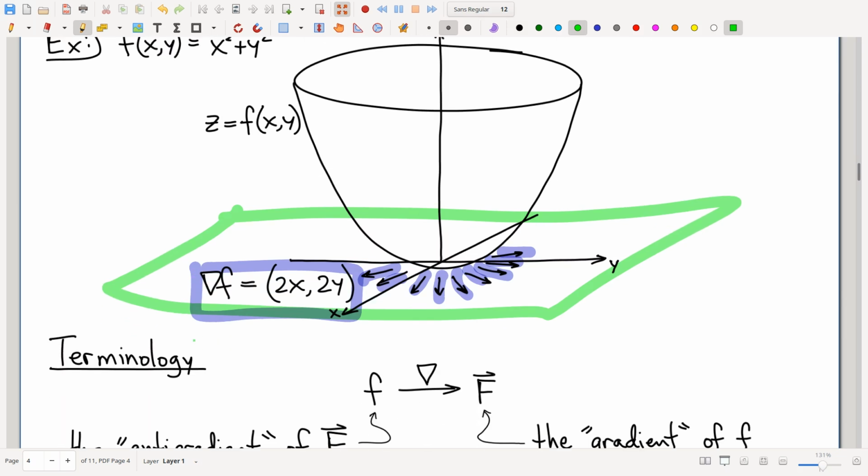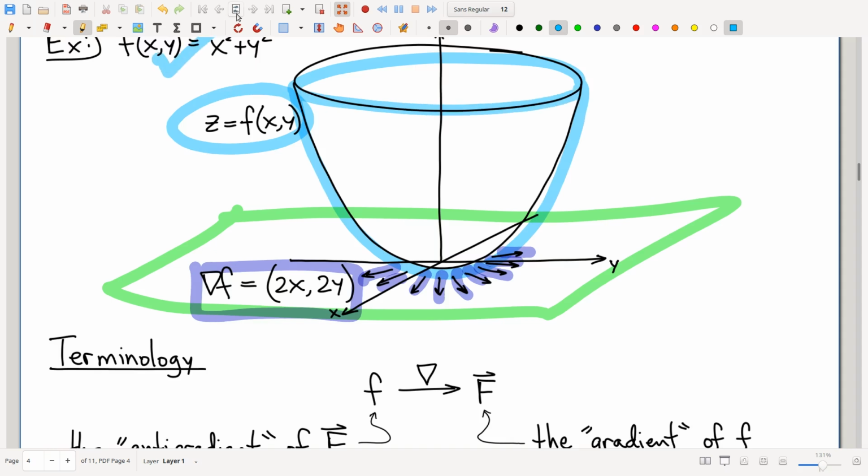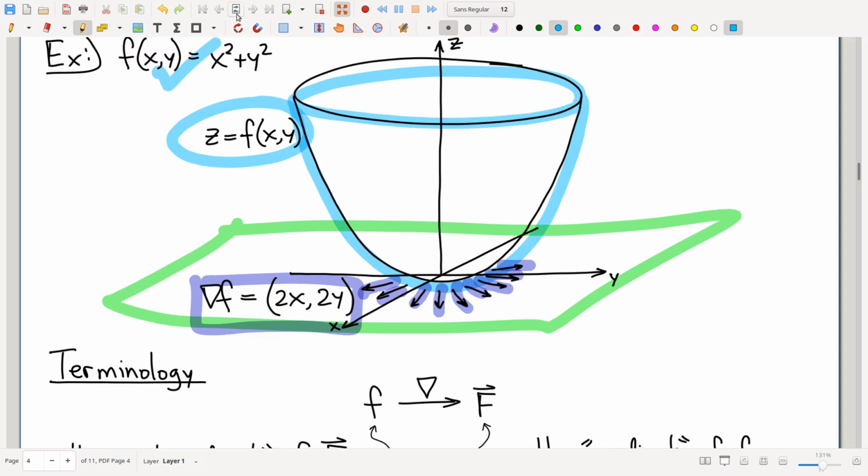So if you take this old observation about a graph such as this paraboloid, the graph of x squared plus y squared, we already knew that the gradient always points uphill. What we see here is that the entire vector field, all of those vectors, all point uphill on the graph all at the same time. Not really a new statement, just a new way of thinking about it. Is that cool?